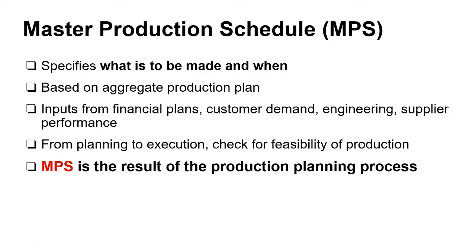So just briefly, okay, MPS is specifying what is to be made and when. And it is based on the aggregate production plan. Remember last week we talked about the aggregate plan, how much to produce in 1 month after you get the year's volume. Okay, the whole year forecasting, and you come up with the aggregate plan.